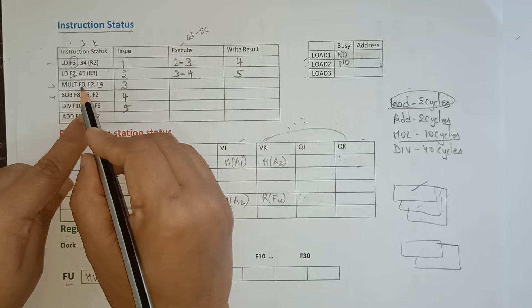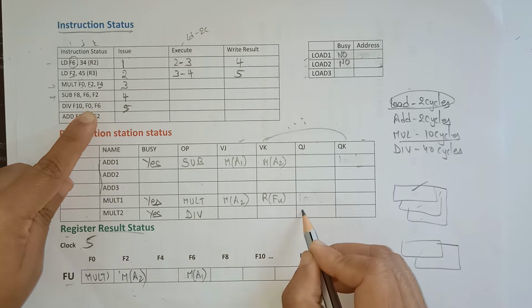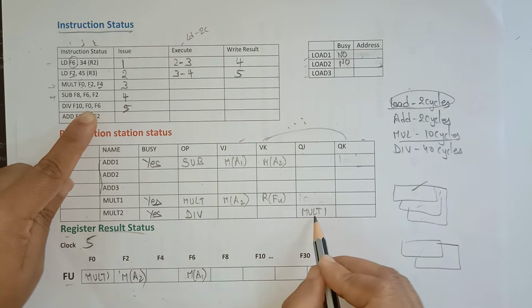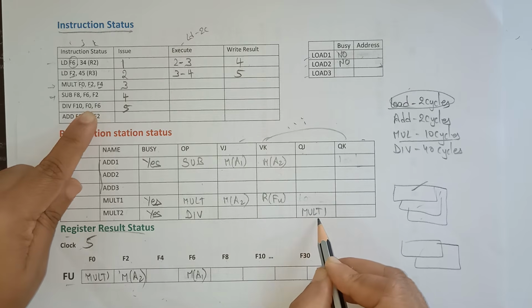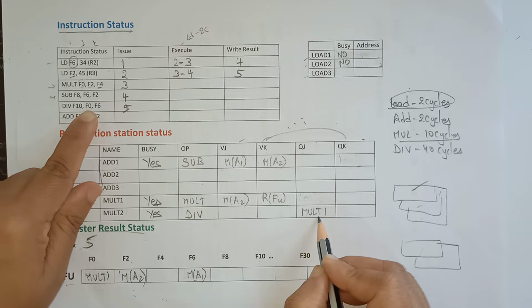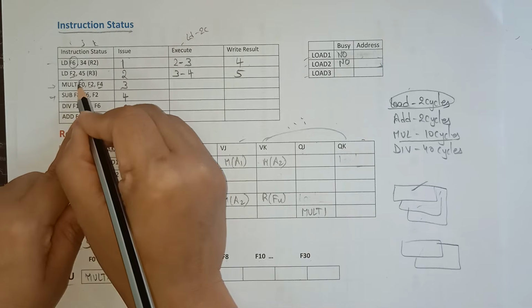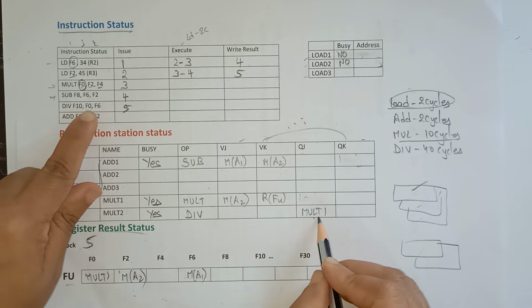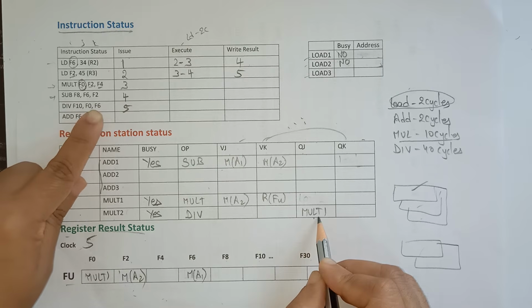So for Qj, F0 is busy with Multiplier 1. The reservation station of Qj is busy with Multiplier 1 because it is not completed. Only when the 10 cycles of multiplication are completed will it release the F0 value. Until then Multiplier 1 will be held here. And F6.